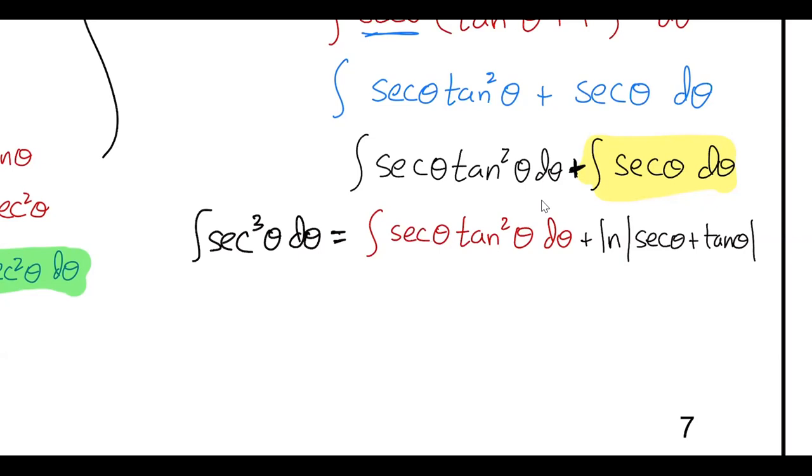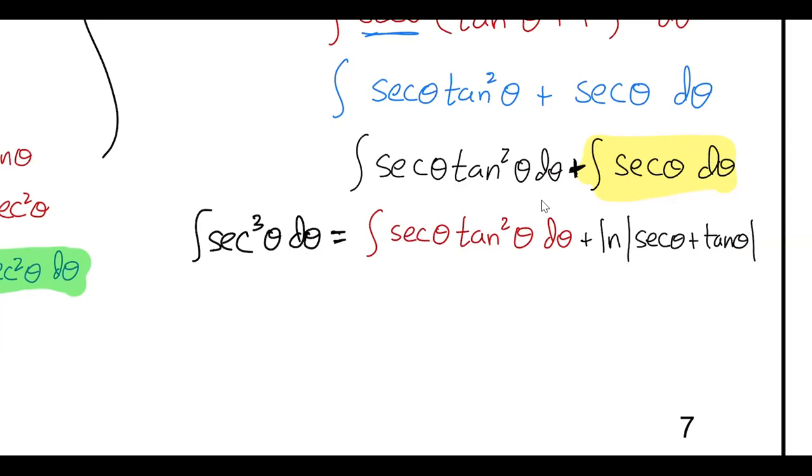So do I want to convert over and make this secant squared minus 1, or do I want to make this a secant tangent separate from the tangent, right?